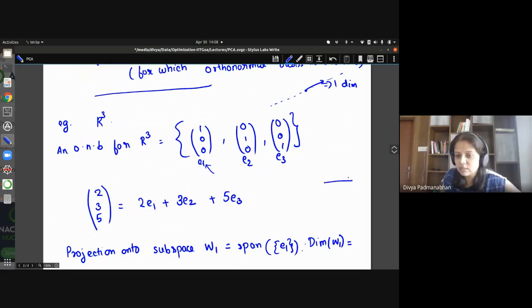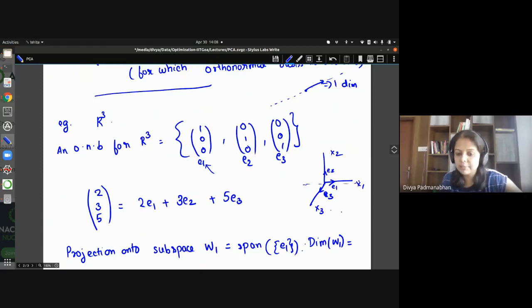The original space was something like this: it's a 3-dimensional space. So this was x1, x2, and x3, and E1 was in this direction, a unit vector in this direction. This was E1, this was E2, and this was E3. So now the span of E1 is just everything on the x1 axis.